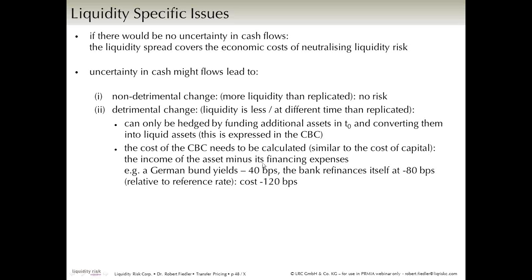The cost of the CBC is calculated as the income of the assets minus its financing expense. So you have a German Bund at basis 40 basis points minus LIBOR or whatever reference rate, and you have to compare it against the funding rate of the bank, which is, for example, 80 basis points above the same reference rate, so the costs are 120 basis points.